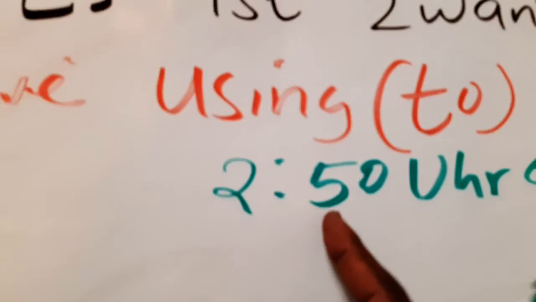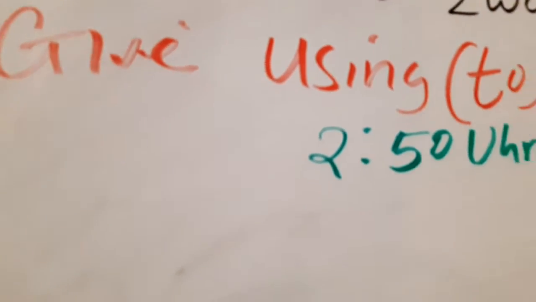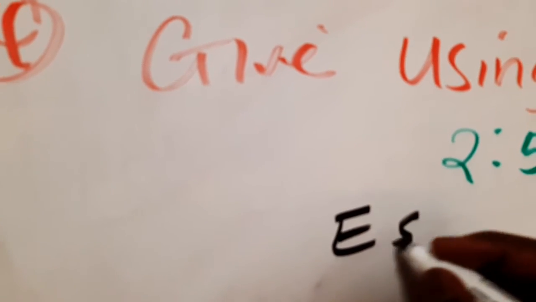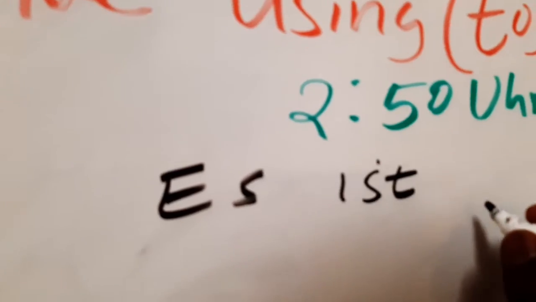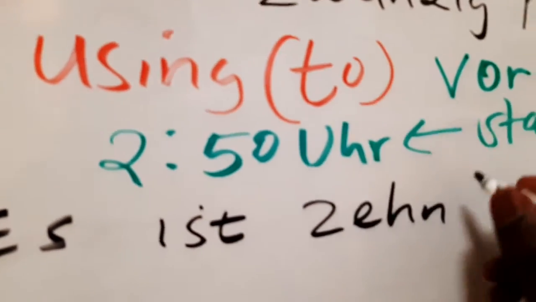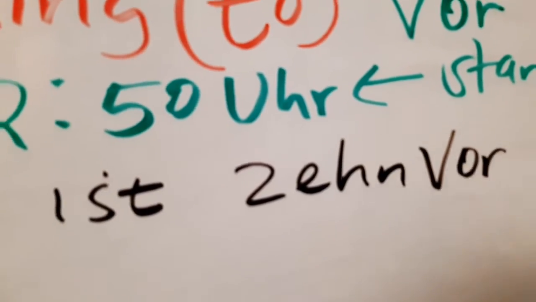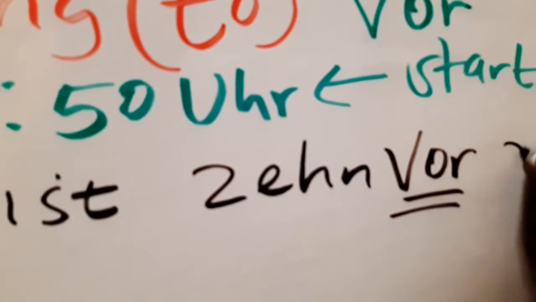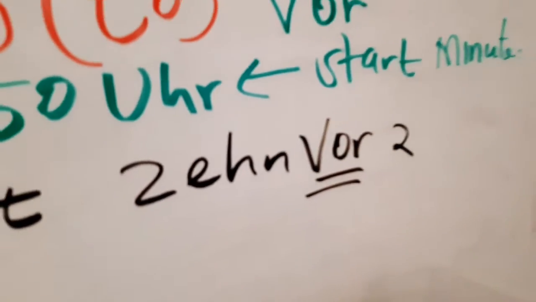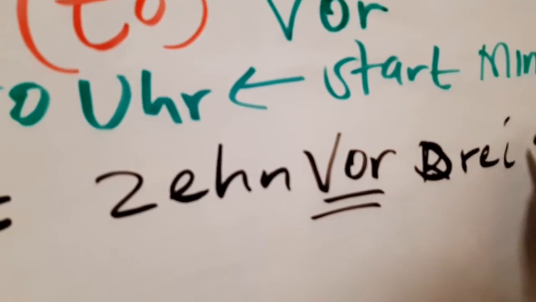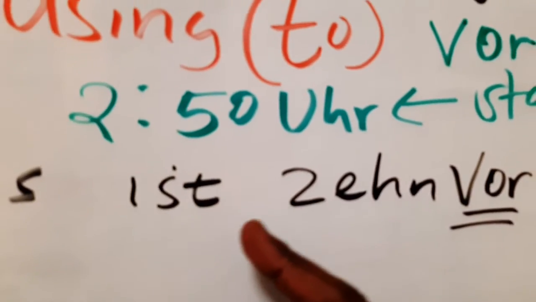So then it's 10 minutes to 3, for example. So you say es ist 10, then vor, don't forget this, vor 3. That is 10 minutes to 3, drei.